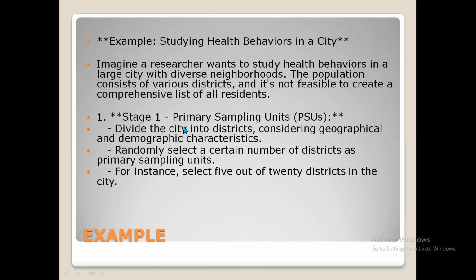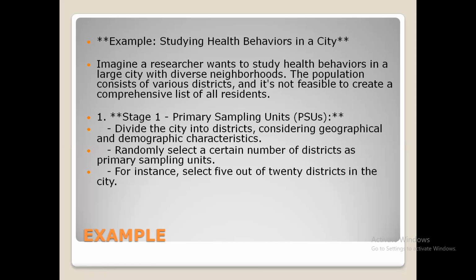Let's illustrate using an example in public health. Let's say you want to study health behaviors in a city. Imagine a researcher wants to study health behaviors in a large city with diverse neighborhoods. The population consists of various districts, and it is not feasible to create a comprehensive list of all residents. At the first stage, known as primary sampling units, you divide the city into districts, considering geographical and demographic characteristics.